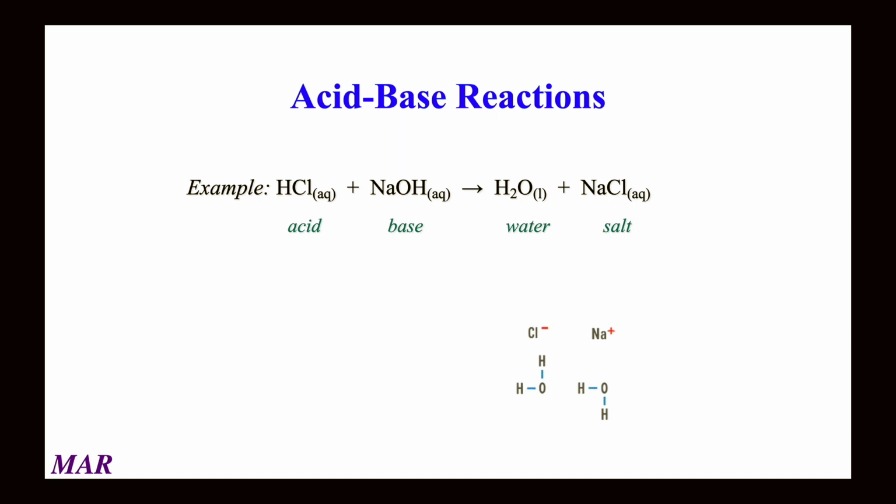Sodium and chloride ions are left in solution. It's the formation of water that is the exciting part in an acid-base reaction. The salt, sodium chloride, or whatever is left over, really isn't that interesting to science or to thermodynamic scientists, the science of energy. But it's the formation of water, and we'll see that.